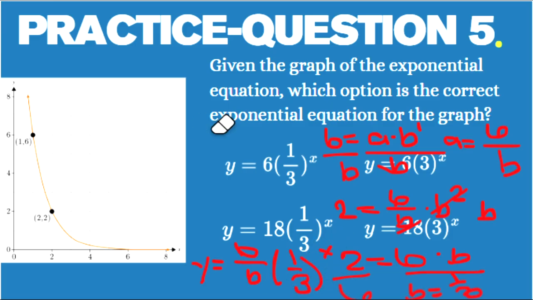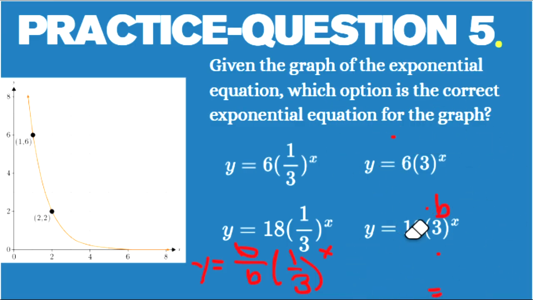Okay, let me erase all this garbage and see if we have anything that looks like that. So we have 6 times 1/3 raised to the power of x, so I'm guessing it's going to be this one. Oh yeah, because it canceled out. I remember now. That makes sense. Okay, so it's there.